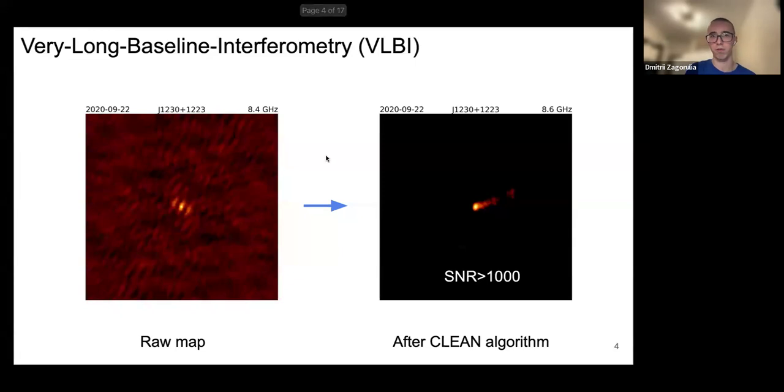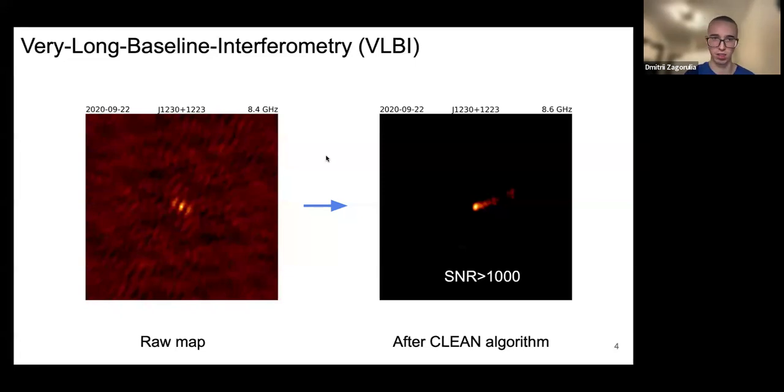So a couple of words also about the method that is used to obtain these images of AGNs. It's Very-Long-Baseline Interferometry, and it is as well normal interferometry. It is based on measuring the visibility function, also known as the spatial coherence, and taking the inverse Fourier transform from it to obtain the intensity distribution of the sky.